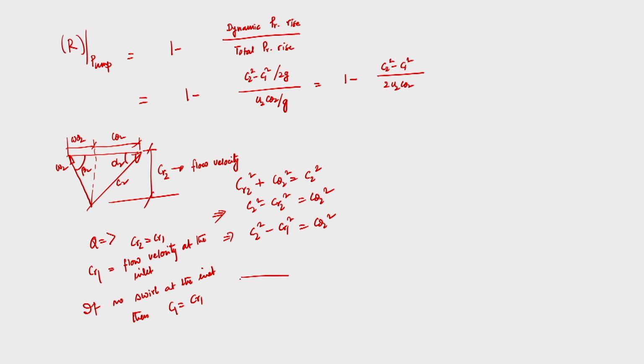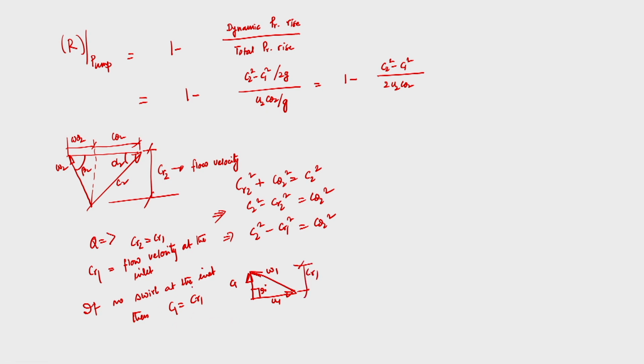If I draw the velocity triangles like this, this is W1, this is C1, this is U1, this is 90 degrees, and this one itself is CR1.